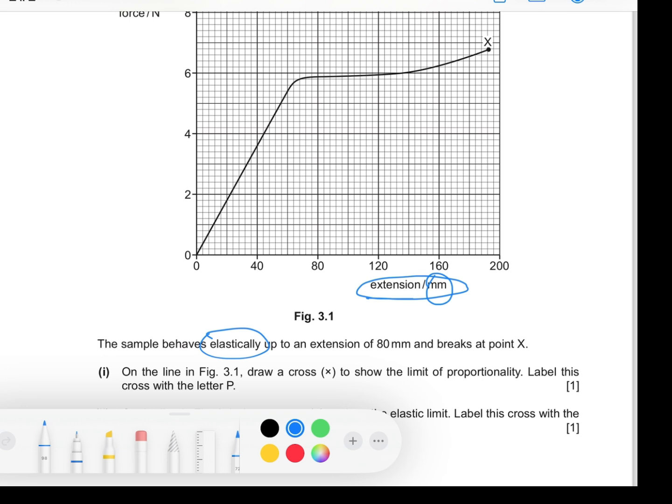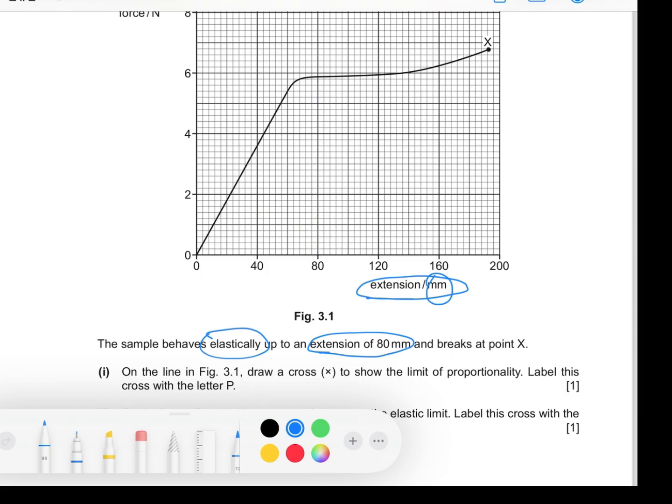It will be deformed. Now they're telling you the sample behaves elastically up to an extension of 80 millimeters. Okay, so this is the point where it behaves in an elastic manner.